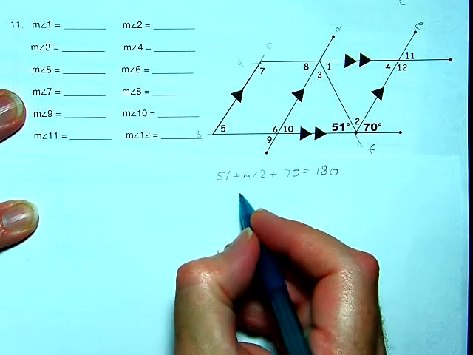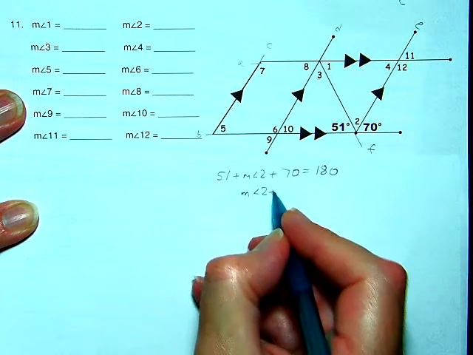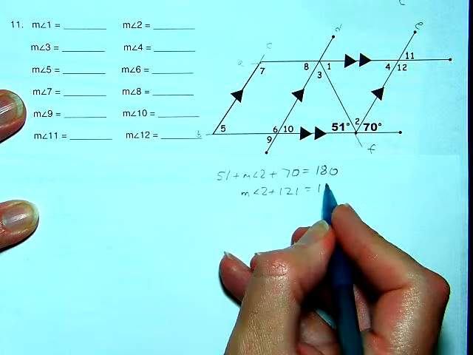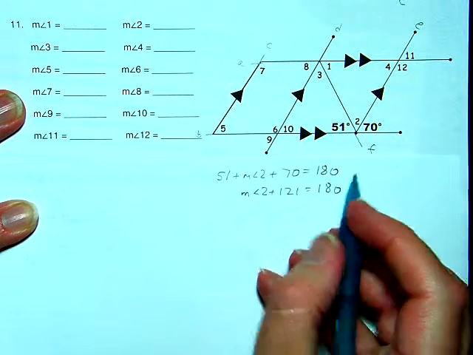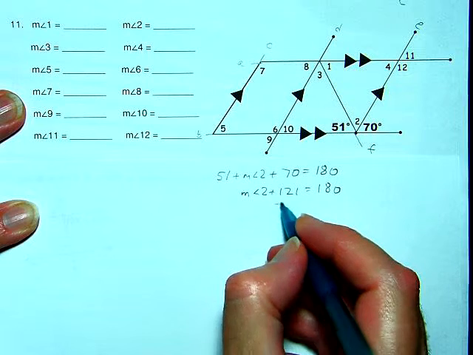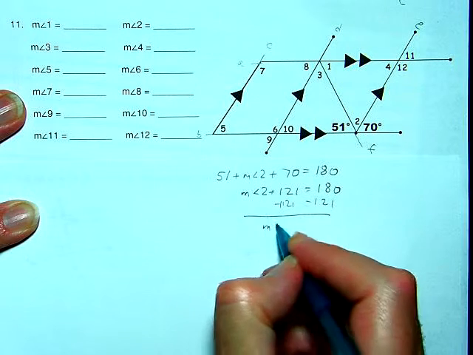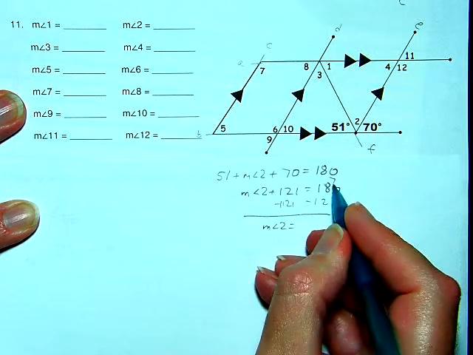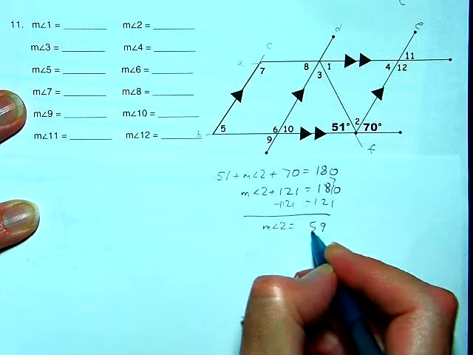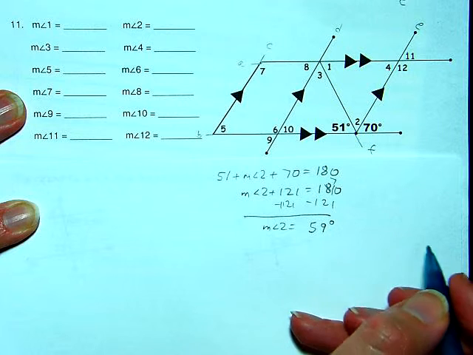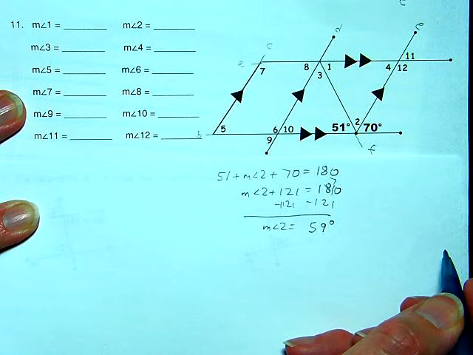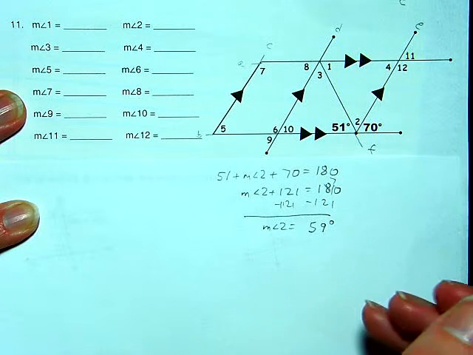Combining like terms, we have the measure of angle 2 plus 121 equals 180. And by subtracting 121 from both sides, we get that the measure of angle 2 equals 59 degrees.